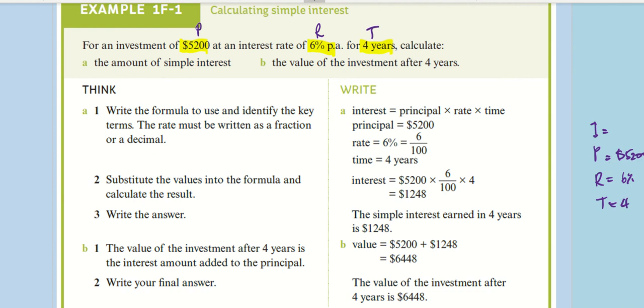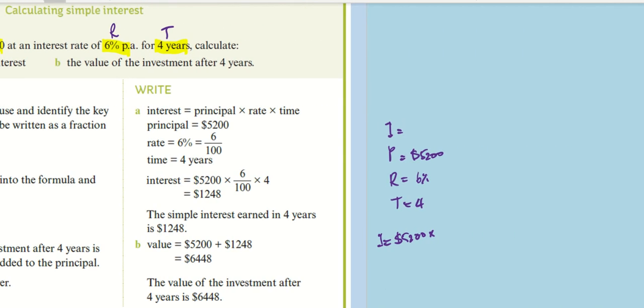Now that we've found the important values, we can substitute into the equation. So I equals PRT over 100. I equals P, which was 5,200, times R, which is 6, so we can go 6 over 100, and then times 4.